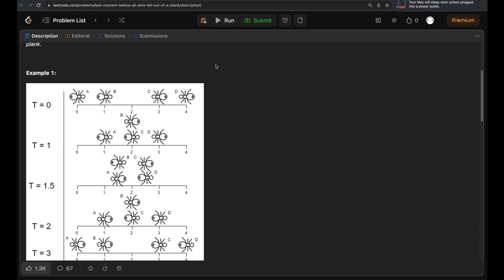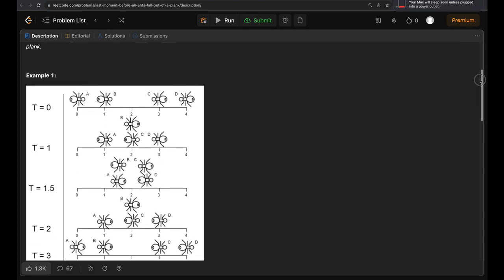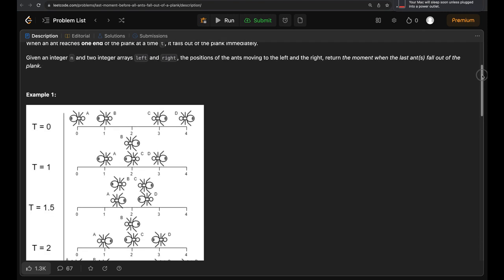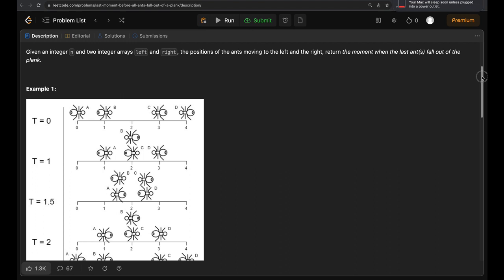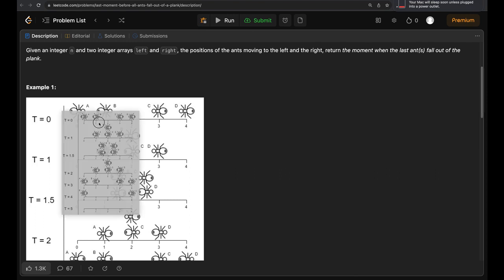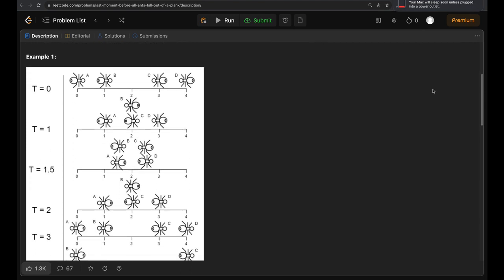Makes sense? As the speed of an ant is 1 unit per second, which is mentioned here, it makes sense for us to just say that the distance is directly equal to the time period. That is the reason if we calculate the distance, we get within how much time they would fall.